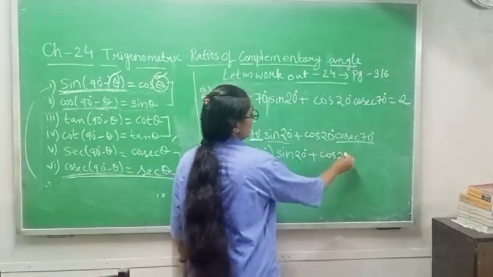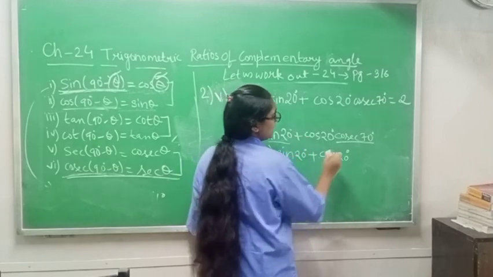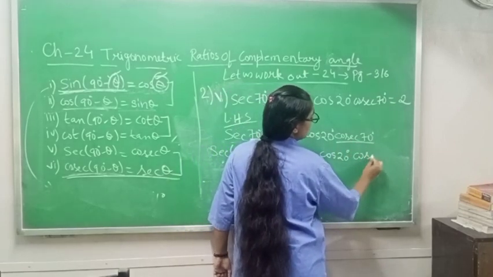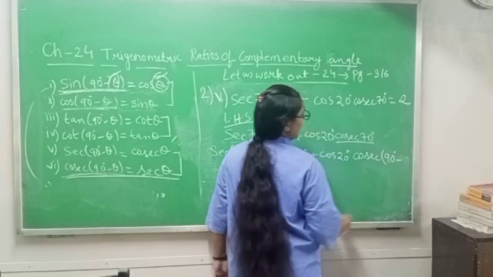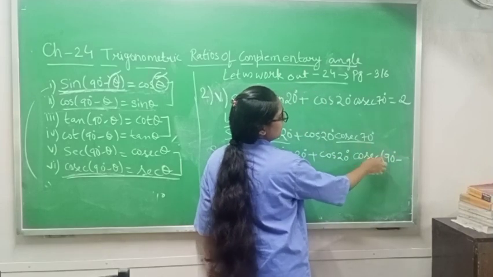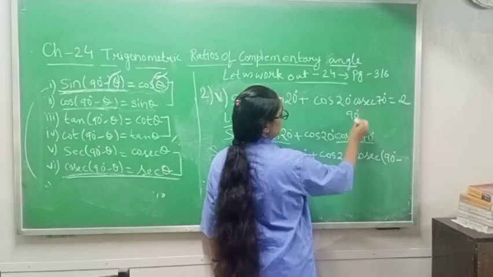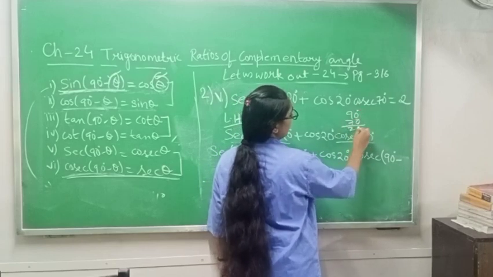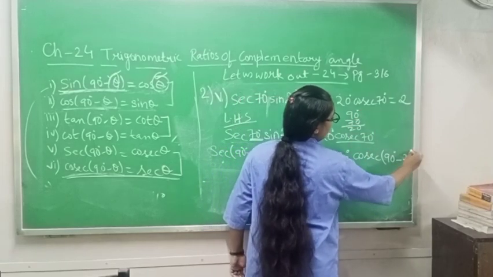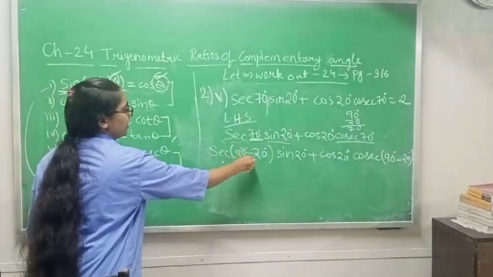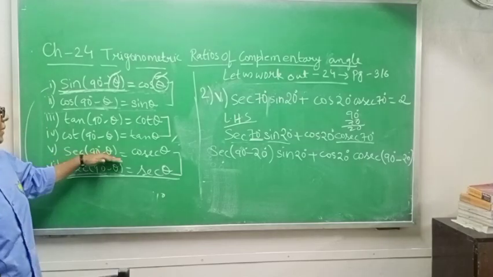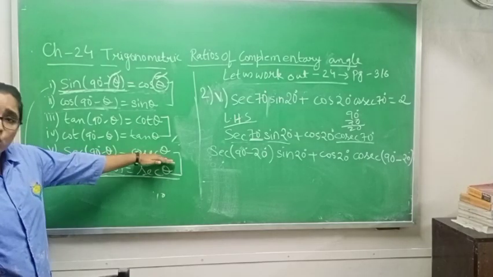Okay. So I am writing cos 20 as it is. Again I will write cosec. Now I will write 90 degree, then minus. And 90 degree minus 70, you know how to subtract, you will get 20. It means you have to write here 20 degree. Now see, 90 degree minus 20, it will change into cosec theta.